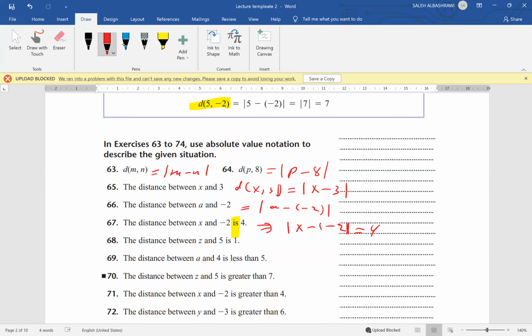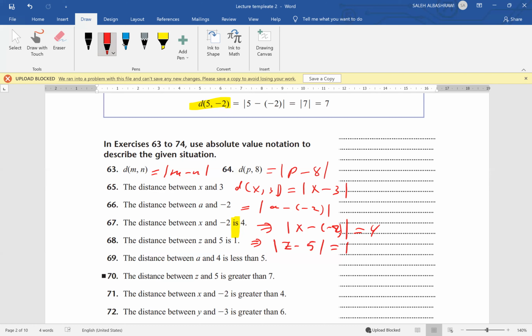So the absolute value of X minus minus 2 is equal to 4. Number 68, the distance between Z and 5 is equal to 1. So this can be written as the absolute value of Z minus 5 equal to 1.